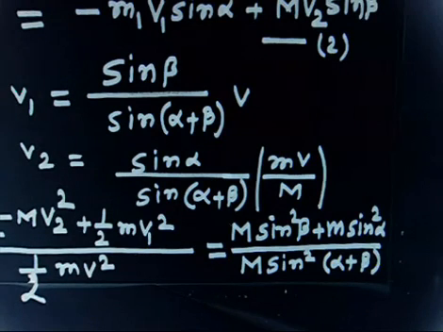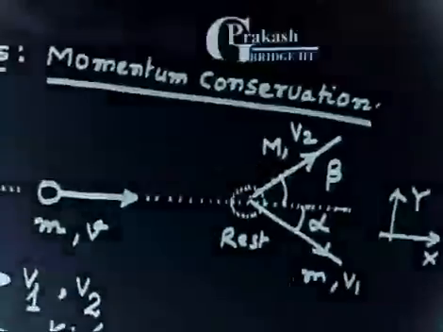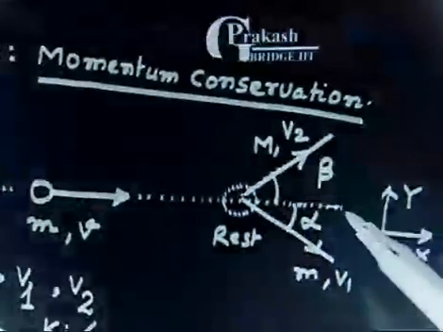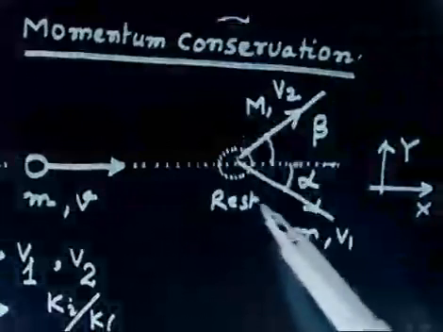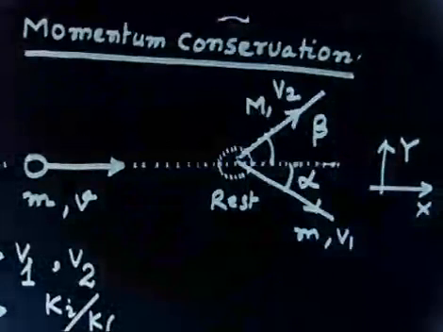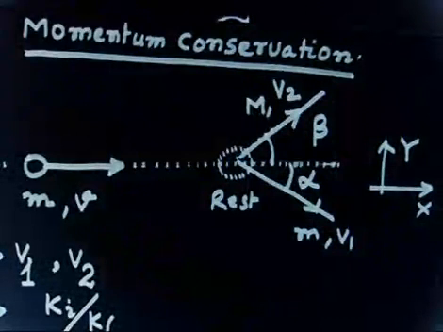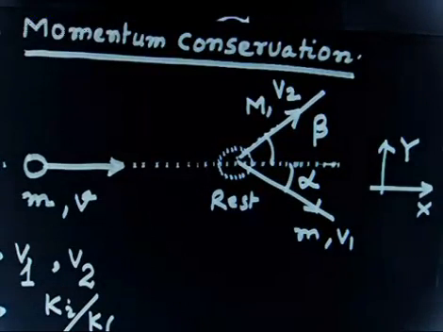So in the x direction, mv equals mv1 cos alpha plus Mv2 cos beta, both in the positive x direction. For the y direction, this will have v1 sin alpha in negative y, and this will have v2 sin beta in positive y. So if you apply momentum conservation, you will find the final velocities.